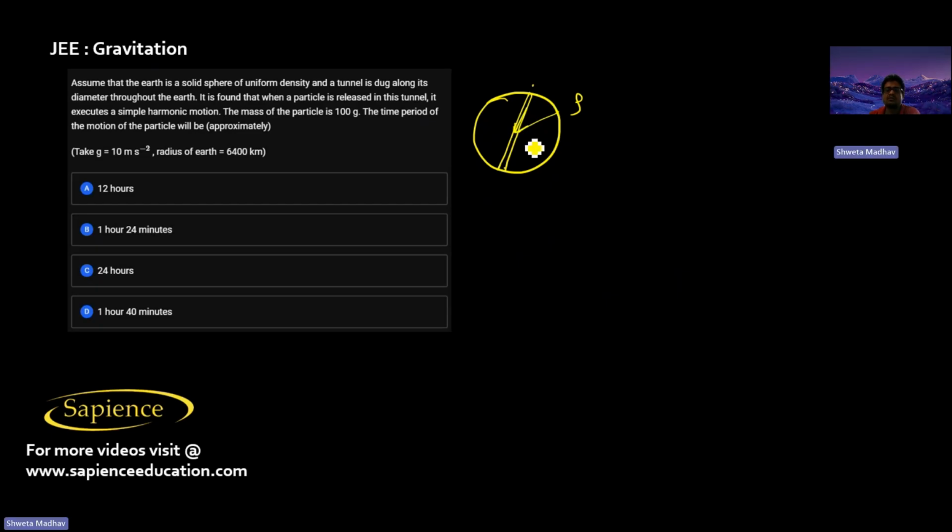Here the net force will be, when it is at distance x from the center, the force that it will experience, equal to G into the mass of the Earth inside, which is density into volume, 4 by 3 pi x cube, into m, by x square.